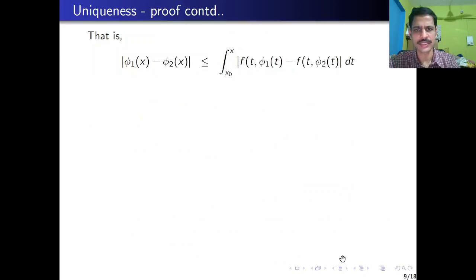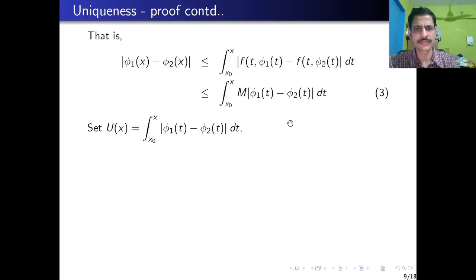This quantity came here. Now we call this quantity without this m, namely we call ux, equal to the integral from x naught to x of modulus of phi1 t minus phi2 t dt.